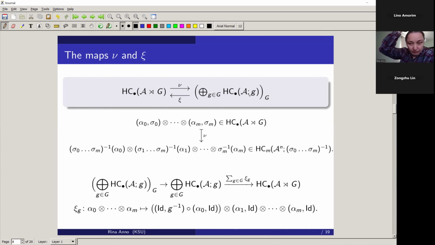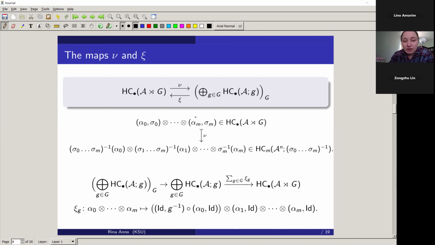So the first map is, so we start, maps in A smash G are linear combinations of, but we can just as well consider, so define this map on just monomials of pairs of alpha 0, which is a map in A, and sigma 0, which is an element in G. And so we are sending them to the following thing.